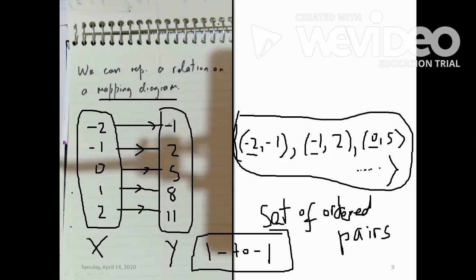Now, we can represent a relation on a mapping diagram, and we can also represent a relation on a graph. So using the same question, we can actually draw up a grid. We're going to look at that quickly.